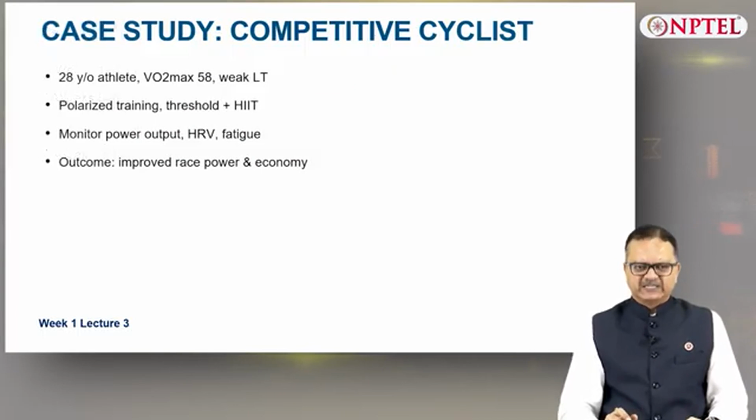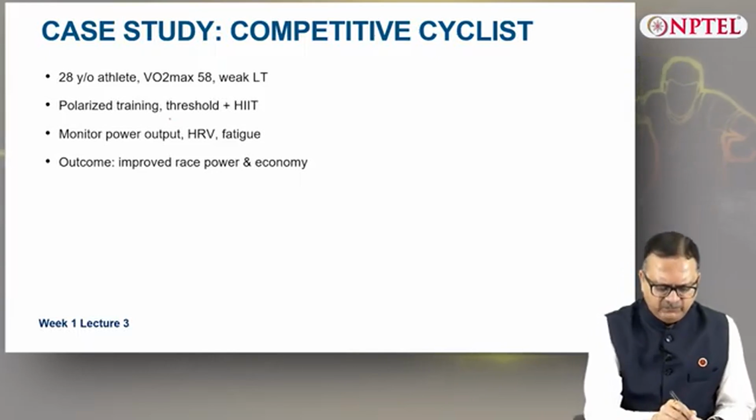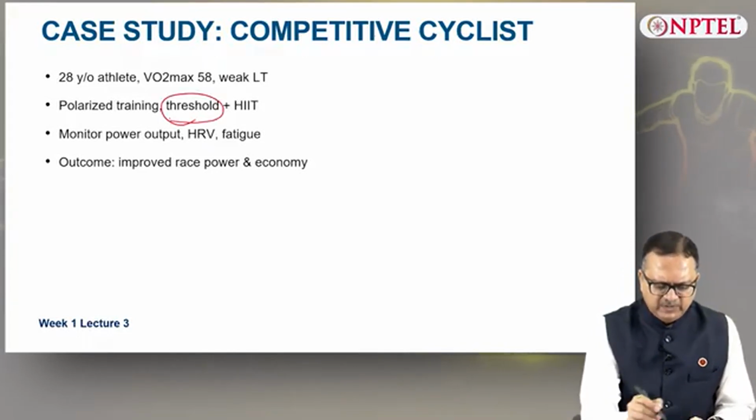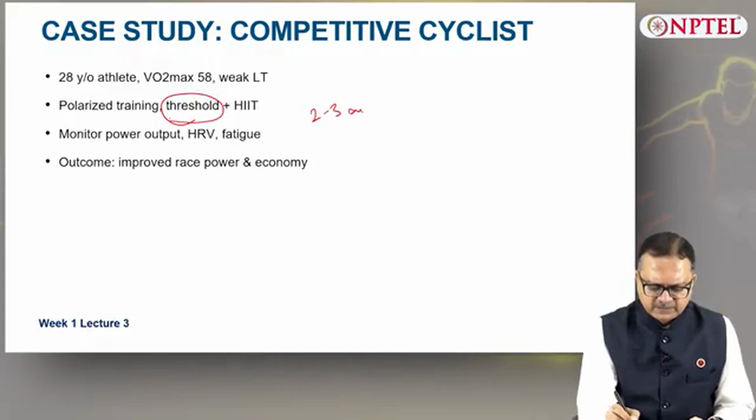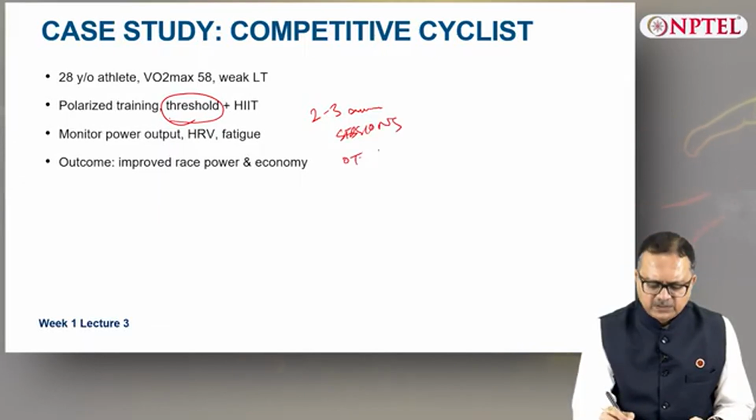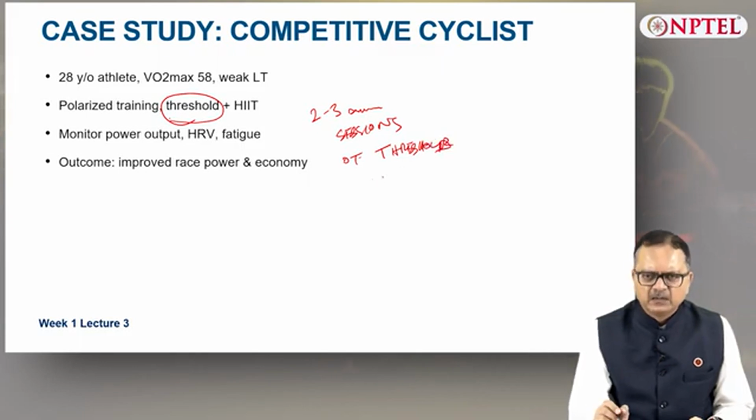So let's talk about a competitive cyclist who is a 28-year-old athlete with a VO2 max of 58 and a lactate threshold which is on the weaker side. How will we improve his training? Polarized training, threshold training and HIIT. Now in this case, if you want to improve his lactate threshold, we will have to give him 2 or 3 sessions of threshold training per week.